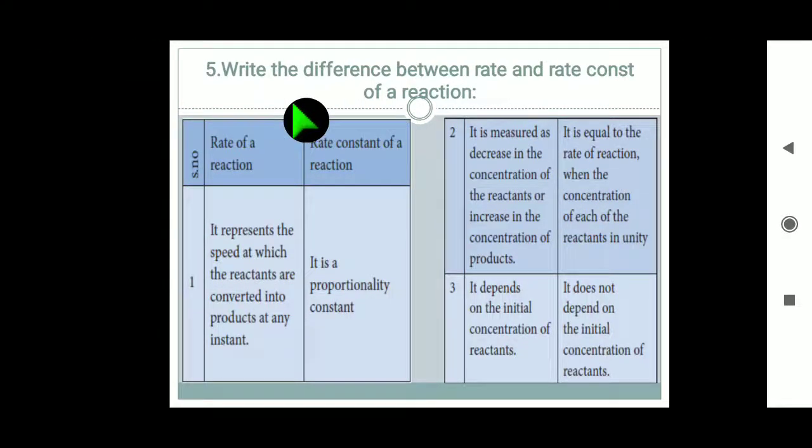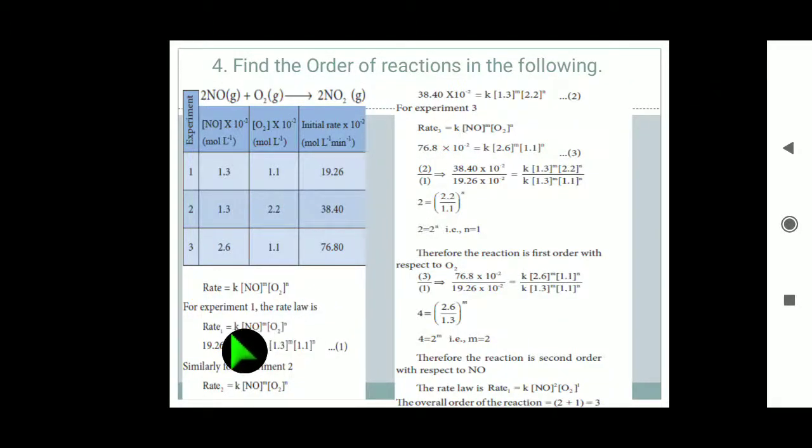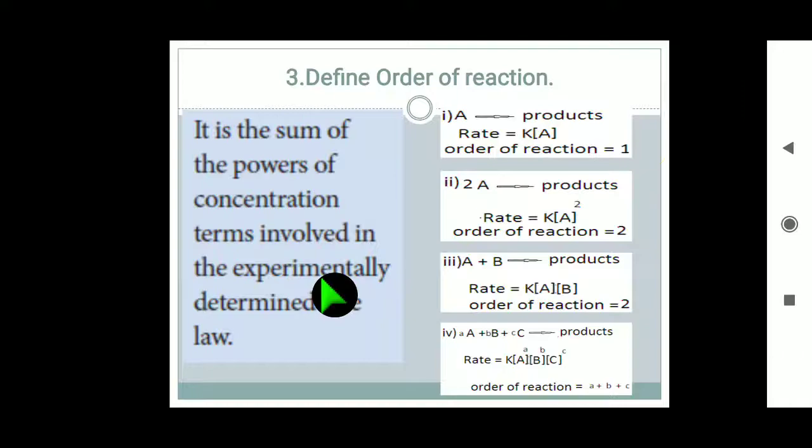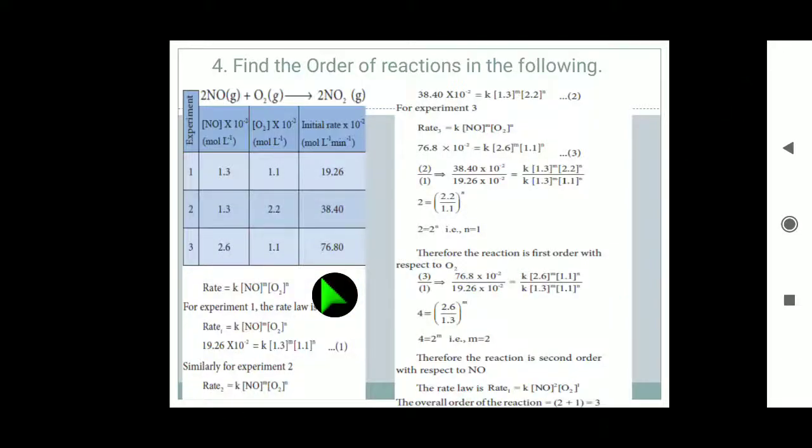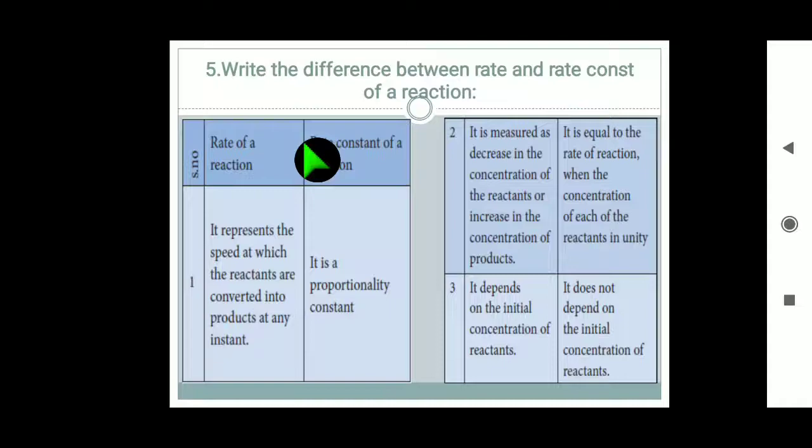Next, write the difference between rate and rate constant of a reaction. Here the rate is written for the equation as rate equals rate constant times the concentration of the reactant. That is called the rate law. Regarding the rate law, we can write the definition and statement one by one.